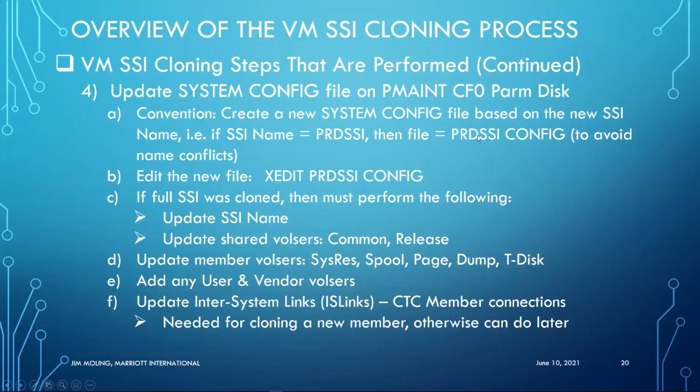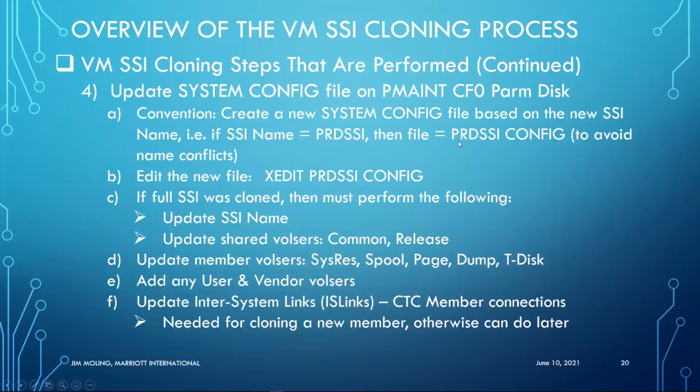You can basically IPL and specify PRD SSI config, even though it might default to system config. But then we can also make it default to PRD SSI config by updating the, well, we'll get into that. But you can make it all jive out. So it's not like you have a weird anomaly by doing that. You can make it part of the process, which is what I did.